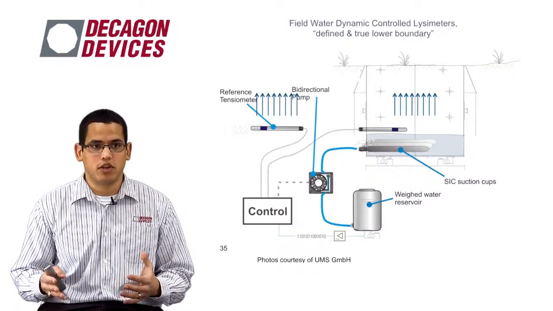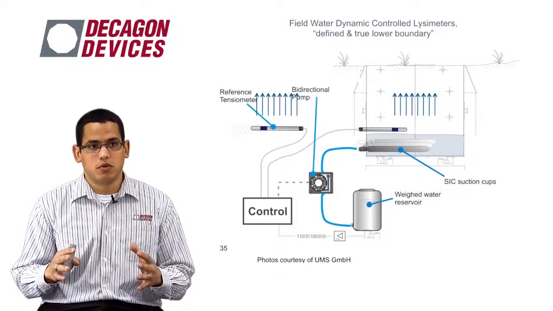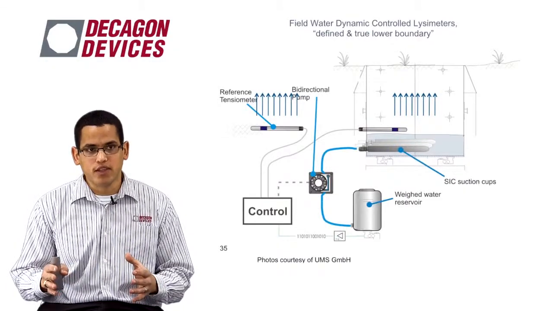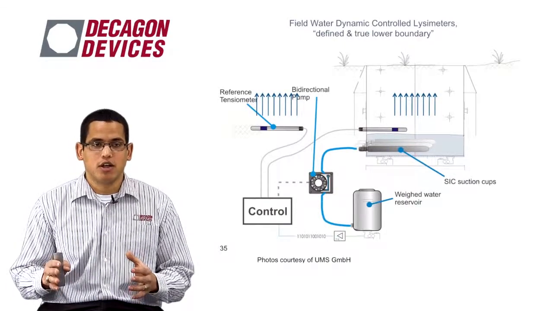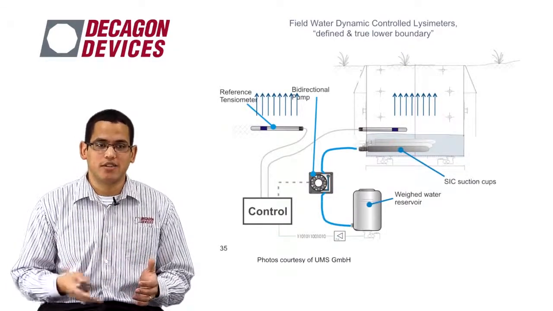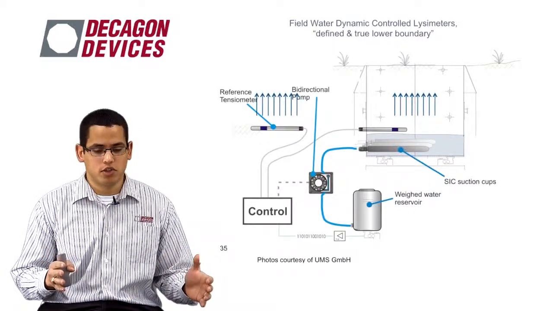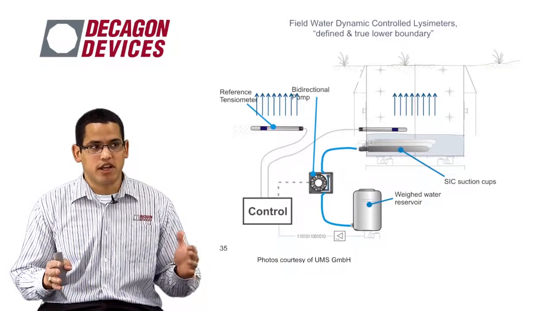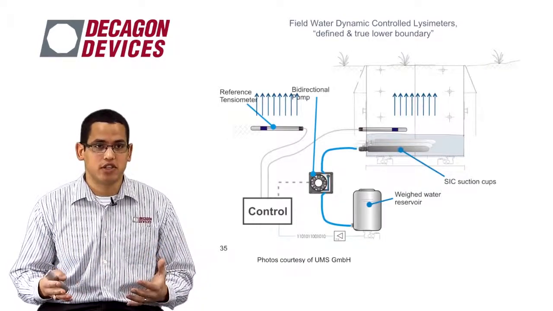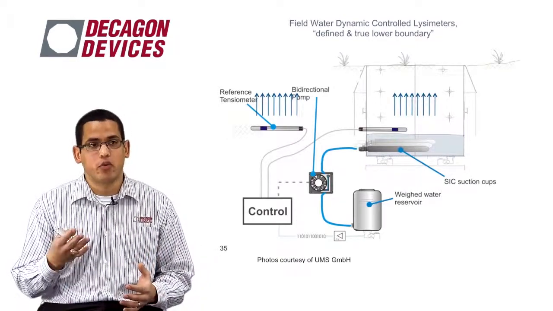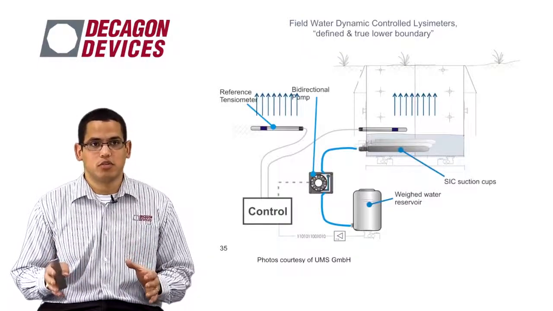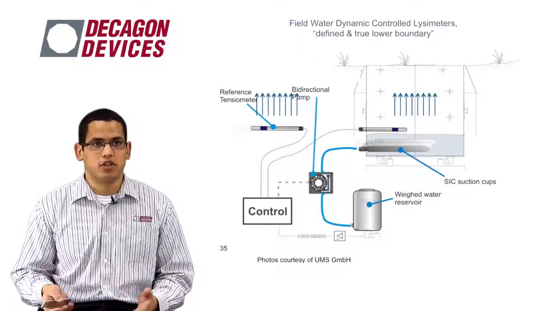So what we do now is use a bidirectional pump, and this pump allows us to pump water back into the lysimeter, actively matching what's going on within the native soil, giving us an accurate understanding of evapotranspiration rates throughout the entire soil and not just within the lysimeter. So it's really nice functionality.